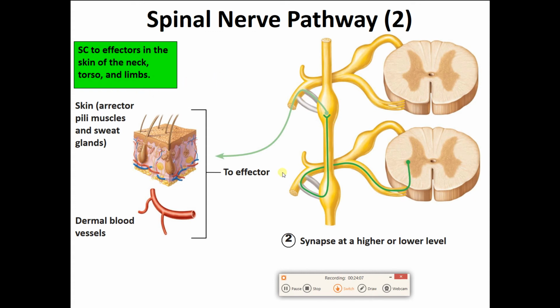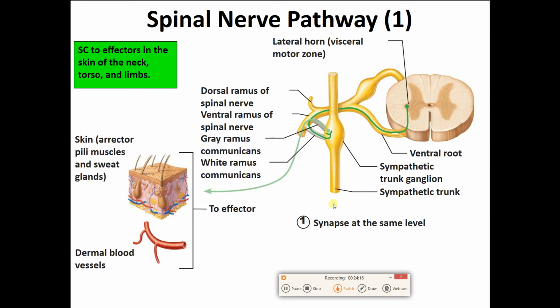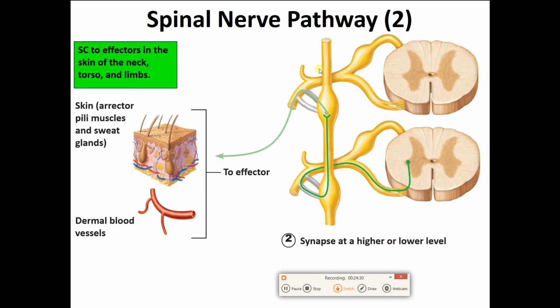Because as you might have guessed, if we're starting from T1 to L2, and we go on that level, we're kind of limiting where we can be, right? So we got to have a situation where we can go up and go down to get to other effectors. So what might happen is very similar.